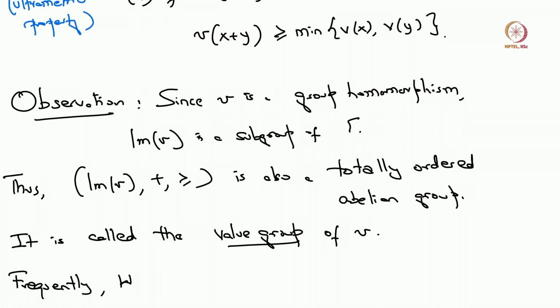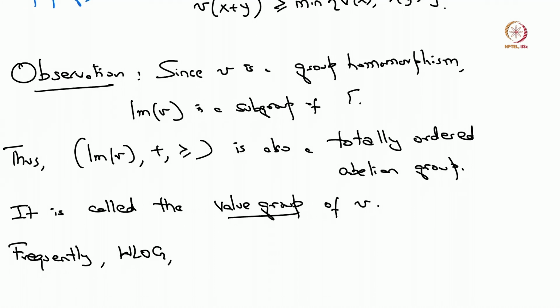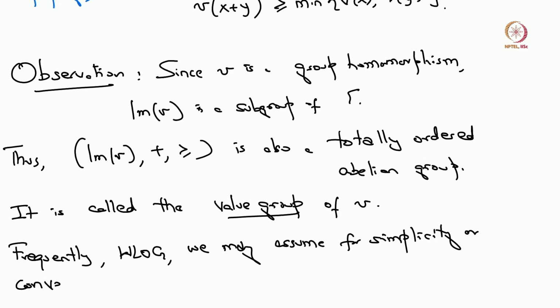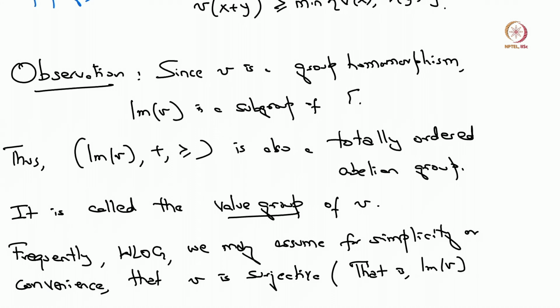So without loss of generality, you may assume for simplicity that v is surjective, that is, the image equals the whole of gamma.